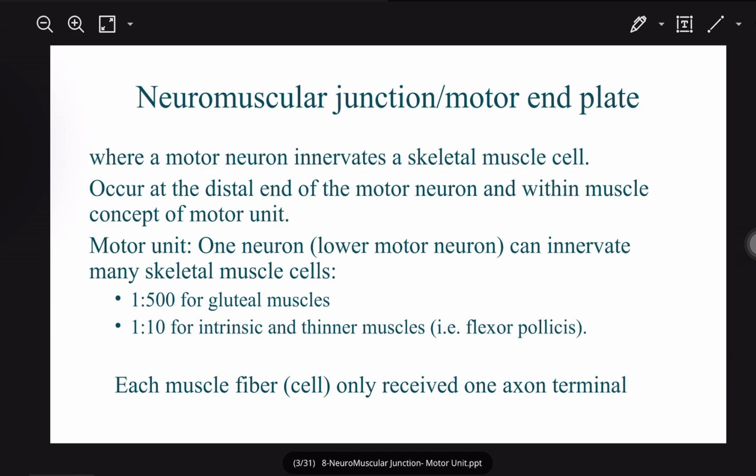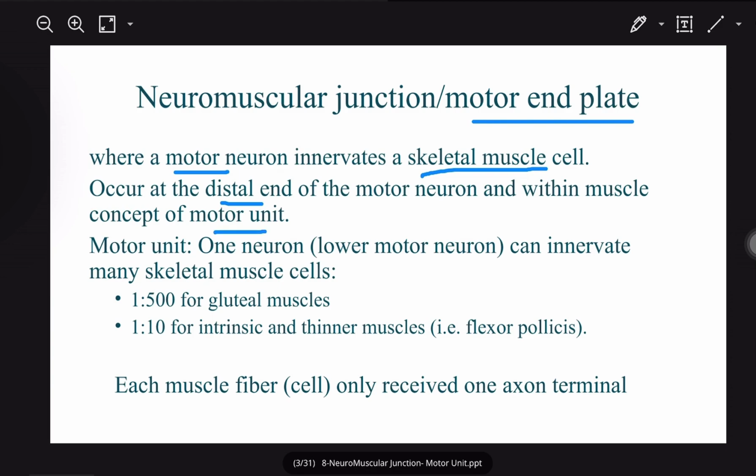So the neuromuscular junction and motor end plate. This is what we actually defined. It's where a motor neuron interfaces with a skeletal muscle cell. So it has to be a motor neuron, and it has to move the muscle. It occurs at the distal end of the motor neuron, and within the muscle, the concept of the motor unit.